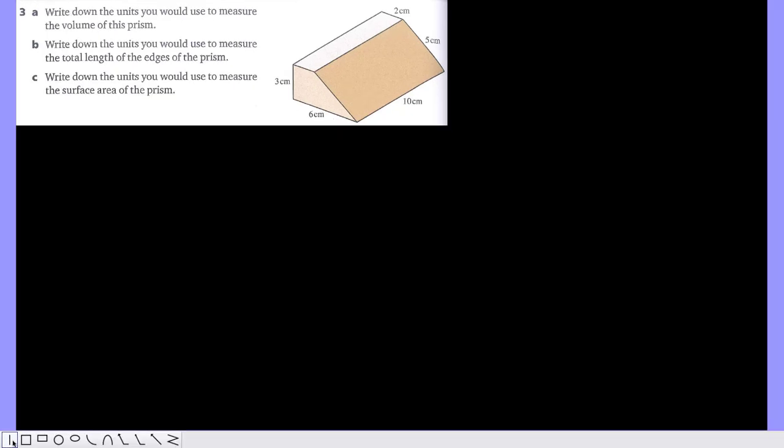First I'm going to find the volume of this solid. I'm going to divide it into parts like this. When I draw like this, you can see I divide it into one cuboid and one triangular prism.